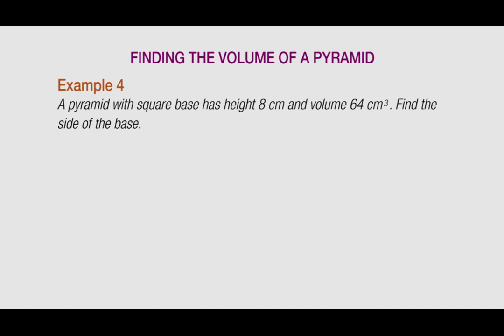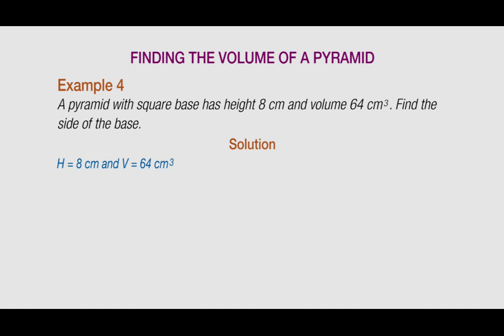A pyramid with square base has height 8 centimeters and volume 64 centimeters cubed. Find the side of the base. Again, from the question, we have the height to be 8 centimeters, the volume to be 64 centimeters cubed.